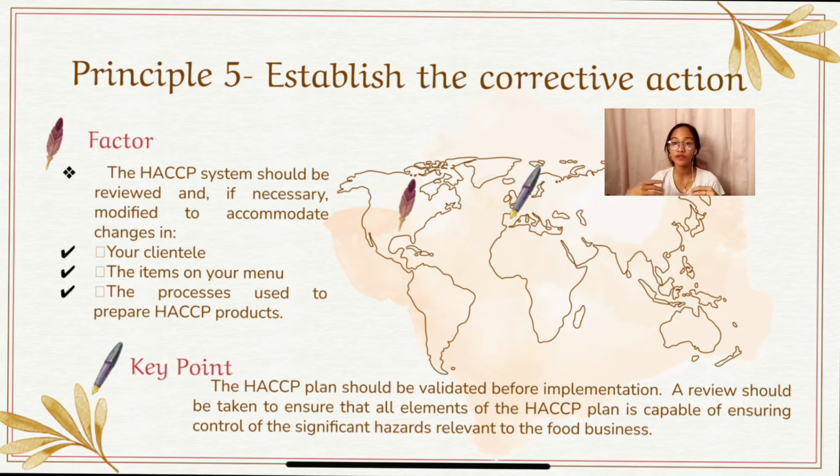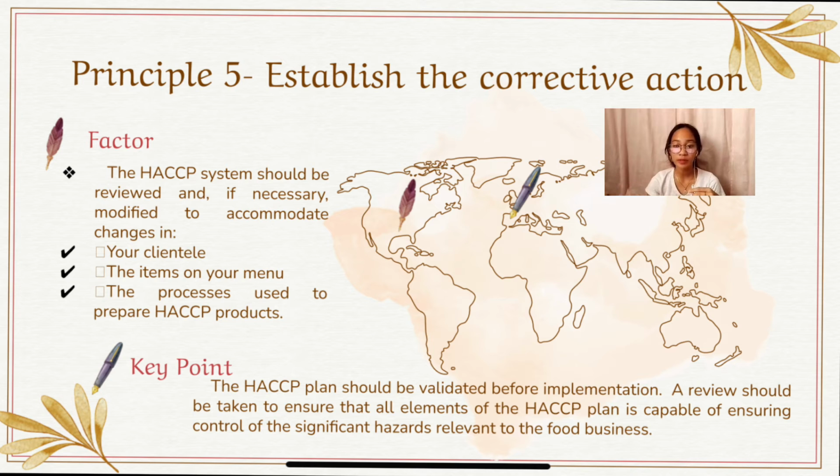Validations could include a review of scientific literature, using mathematical models, conducting validation studies, or using guidance developed by authoritative sources. After the HACCP system has been implemented, procedures should be established to verify that the HACCP plan is being followed and the hazards are effectively controlled.